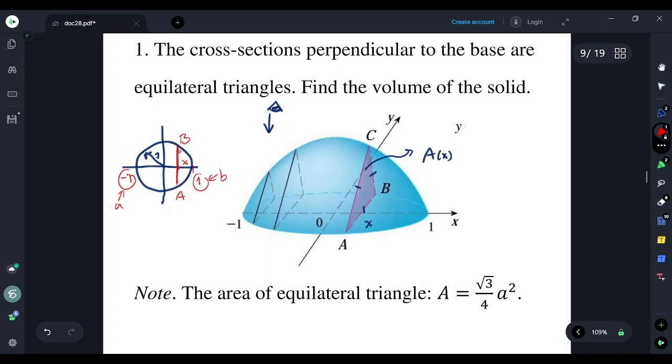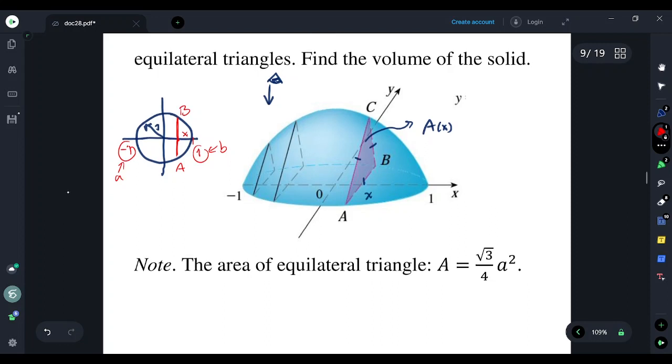Okay, so now at any x, recall the formula for the area of an equilateral triangle. For an equilateral triangle with side length a, the area is square root of 3 over 4 multiplied by a squared. This is the formula we're going to use.